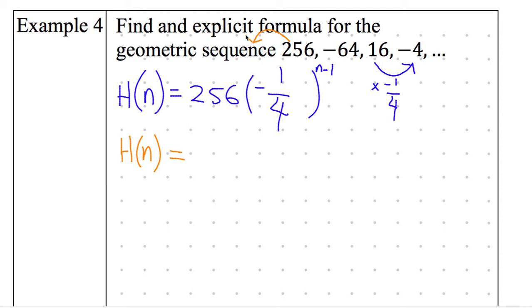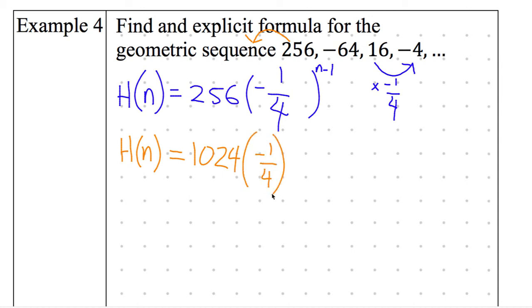So multiply by -4 this direction, 256 times 4 is 1,024, right? 250 times 4 is 1,000, and then 6 times 4 is 24. So 1,024. So I could have used the 0th value, 1,024, with the same common ratio, -1/4.